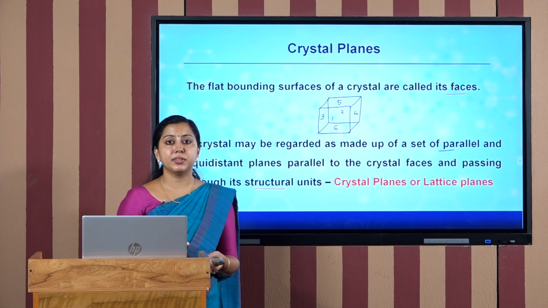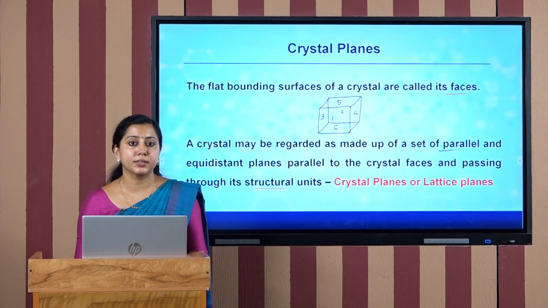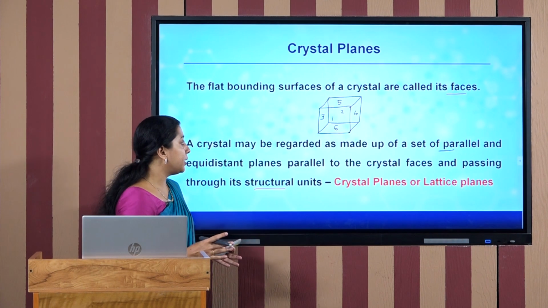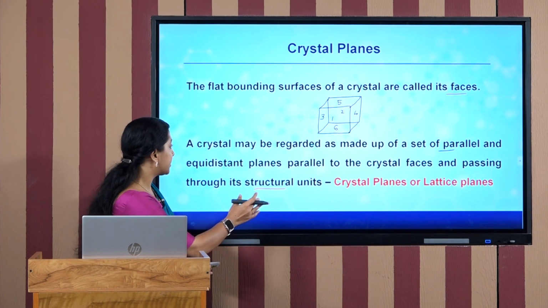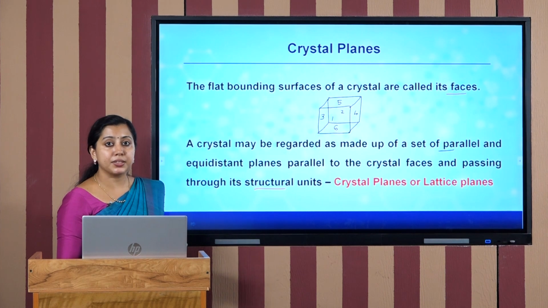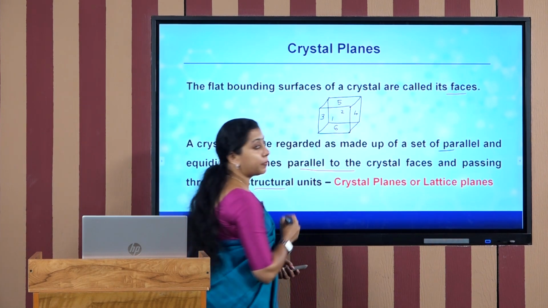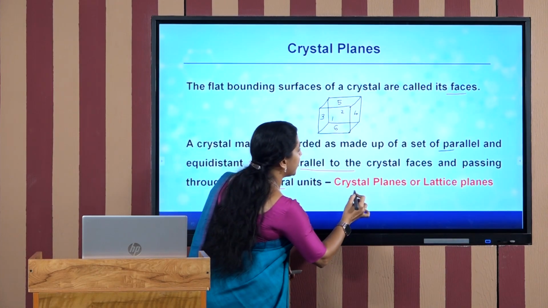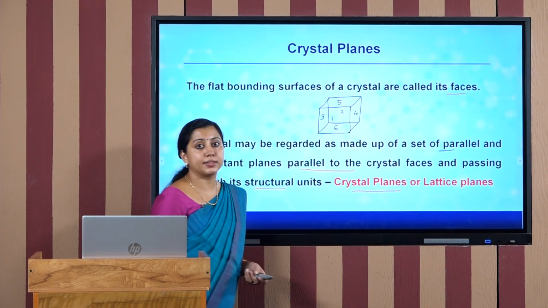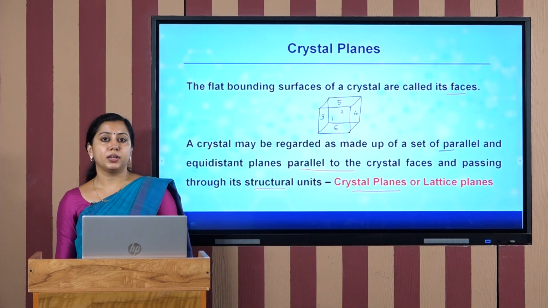It can be atoms, ions or molecules. So, a plane passing through the structural units and parallel to the crystal faces. Such planes are called crystal planes or lattice planes.